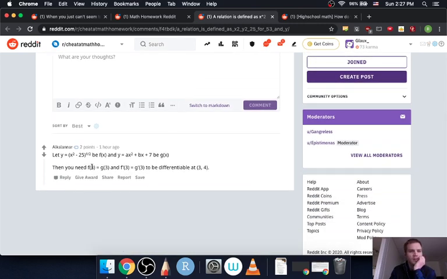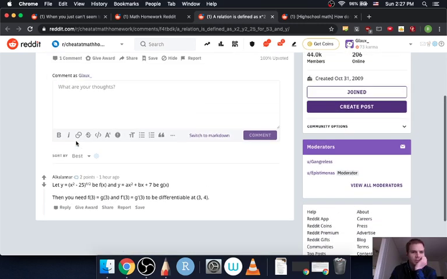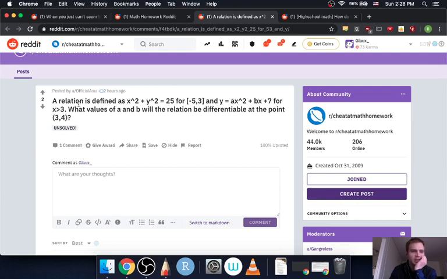Okay, so let's see. Let y equal, what's going on? So this has an answer. A relation is defined as yada, yada, yada. Okay, on the interval 5 to 3, 4x greater than 3.